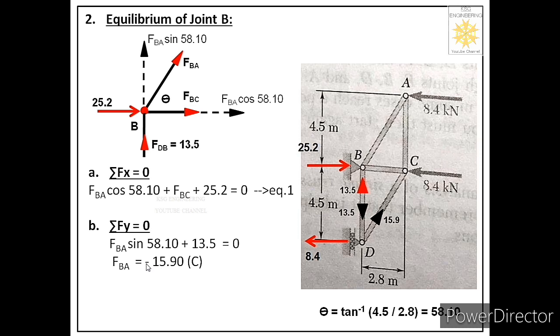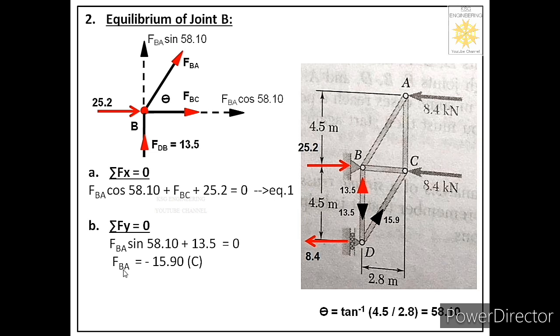The negative sign tells us that the direction which we assumed for FBA at the start is not correct. At the start we assumed tensile force, so we got a negative answer. It means it is not a tensile force, it is a compressive force and it is acting towards the joint. See over here, next to the magnitude we have written letter C. C stands for compressive force.